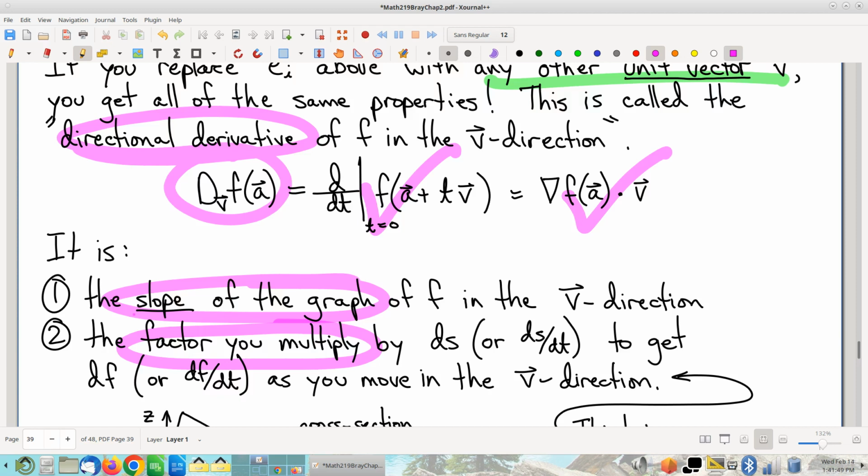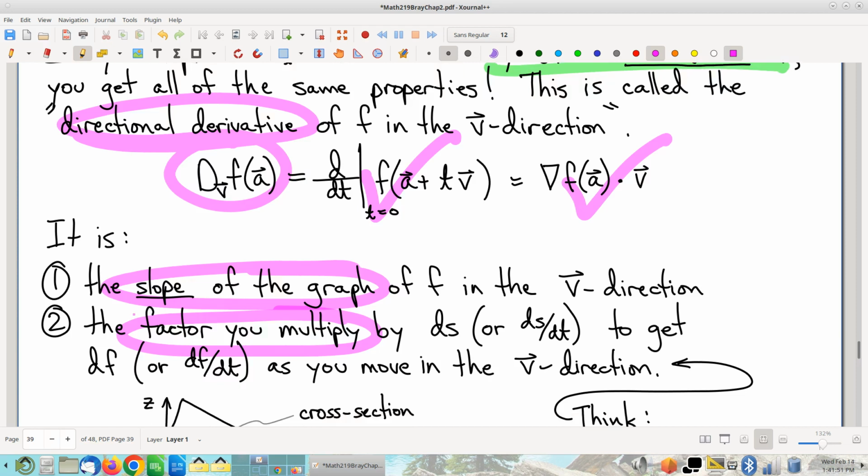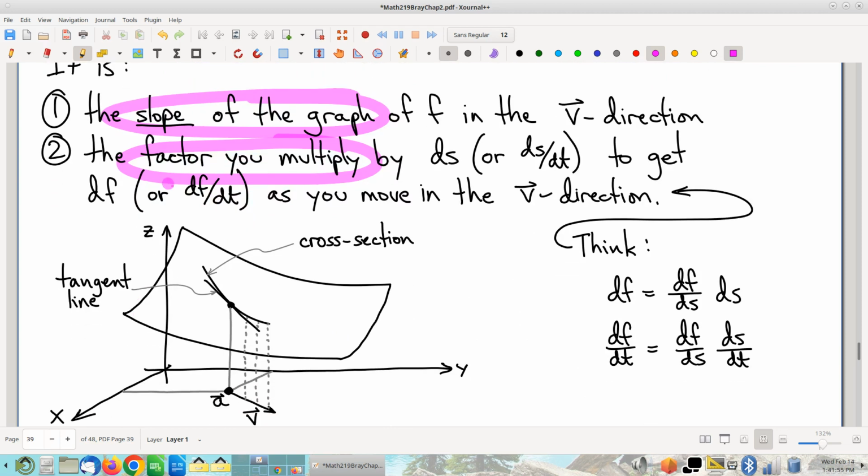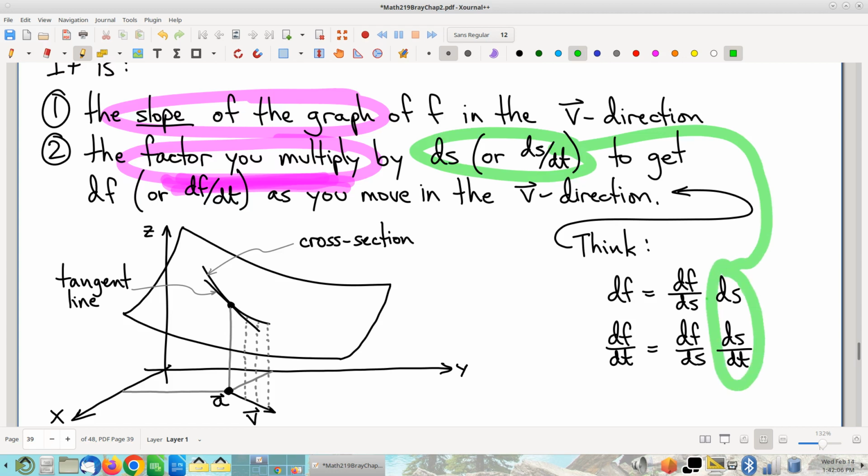I want to point out one thing in particular. This point of view, this interpretation as a multiplicative factor. Keep in mind the input change that you're going to multiply by is either a displacement in a certain direction or a speed in that certain direction.